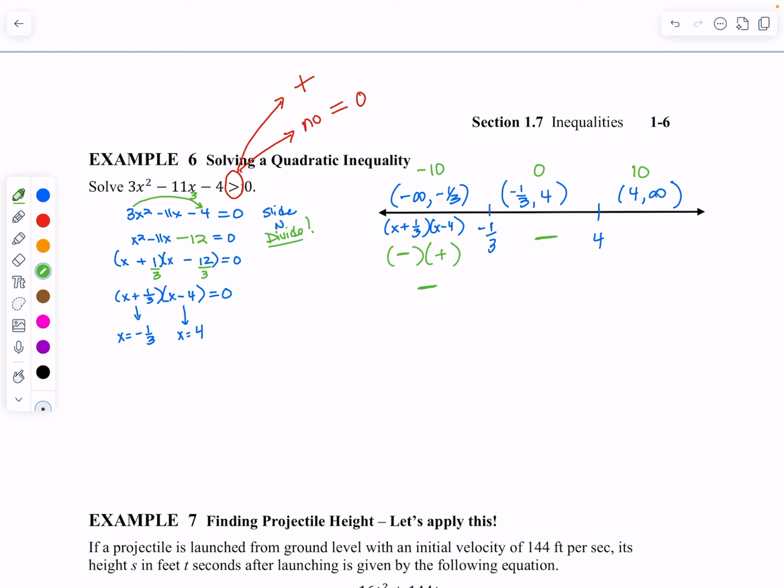All you're going to do is figure out is it going to be positive or negative? So let's plug in 10, and I'm going to plug it in here. 10, positive 10 plus a little bit more, that's going to be a positive. And then the second one, positive 10 minus 4, that's going to also be a positive.